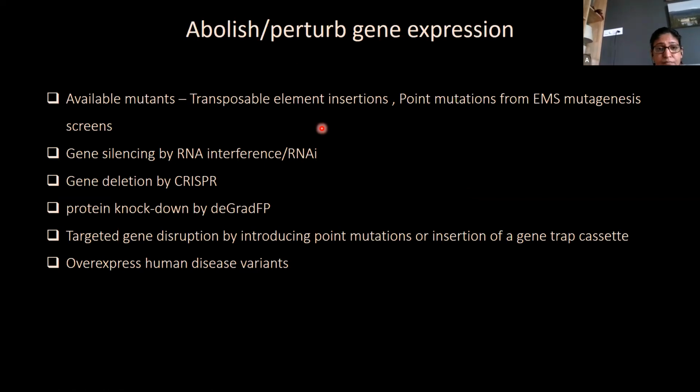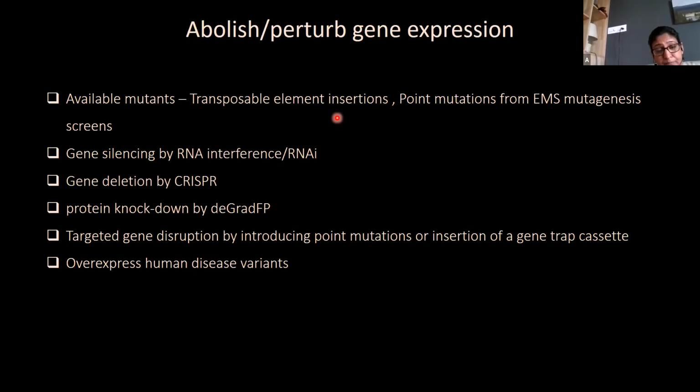In Drosophila, we have a whole bunch of different lines available. That could be a transposable element insertion that is disrupting the gene function, or it could be a point mutation that came from EMS mutagenesis, or you have artificially made transposable element based gene trap lines. All of these you can use, as they are already available.